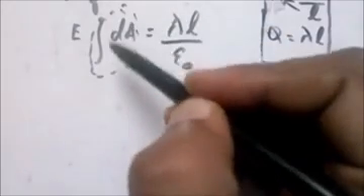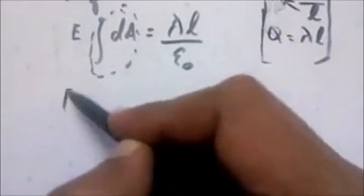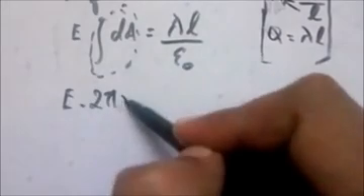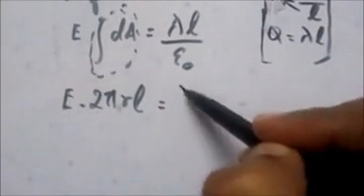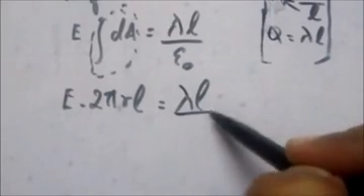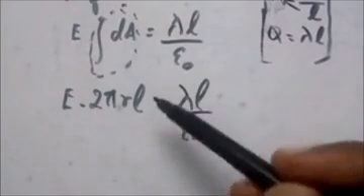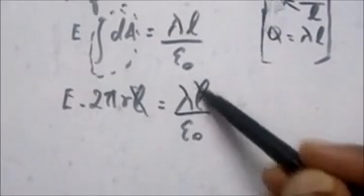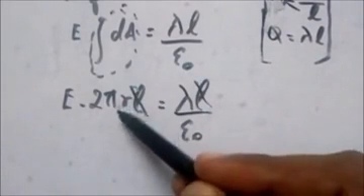So instead of integral of dA we have E into 2 pi R L is equal to lambda into L by epsilon naught. Let's see what will cancel. L and L will cancel, the length cancels. Then we can bring the 2 pi R down.